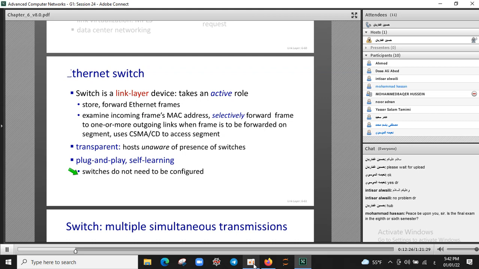And if you are using a manageable switch, this manageable switch has some managing capabilities. If you decided to use those capabilities, you can configure your switch.